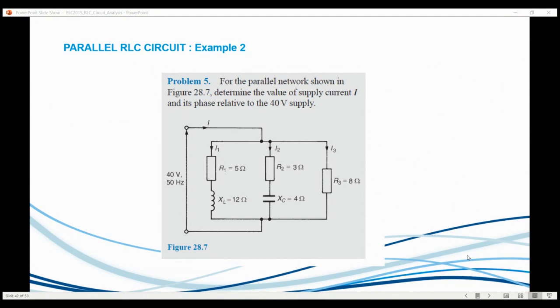Seems daunting, but it's not. You can try it out and see. Convert everything to reactances and then just add them up, if that makes sense. And then you should be able to get it. I mean, we can do it, it's no problem really.